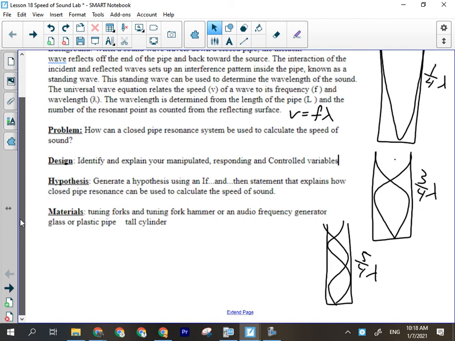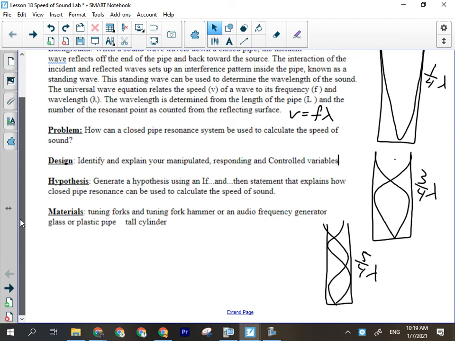As I strike the tuning fork, I'm going to change the length of the tube. So the resonant points are going to be determined by what frequency of tuning fork I'm using, and that length of the pipe is going to be used to determine something else that's part of the universal wave equation. That can help you with your responding variables.